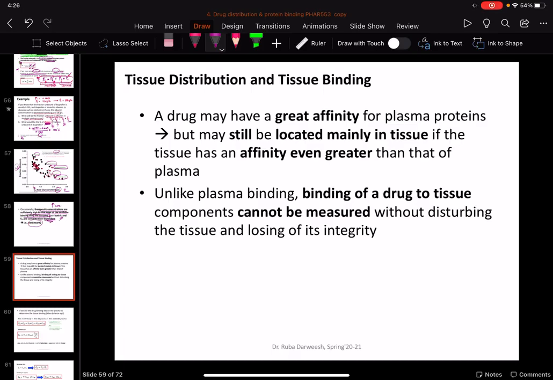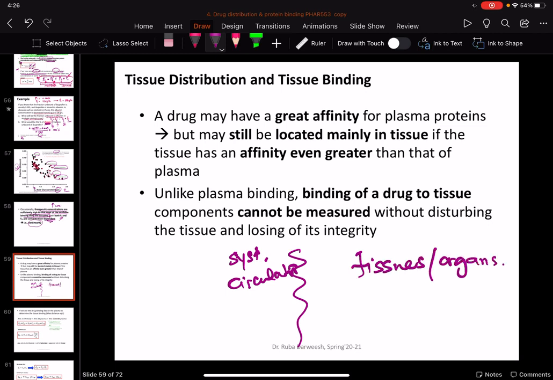Remember the example that I gave you at the first, when we were talking about systemic circulation and tissues or organs, and about volume of distribution. We mentioned that if we have more binding to tissue proteins, then the drug would go more into the organs compared to systemic circulation.